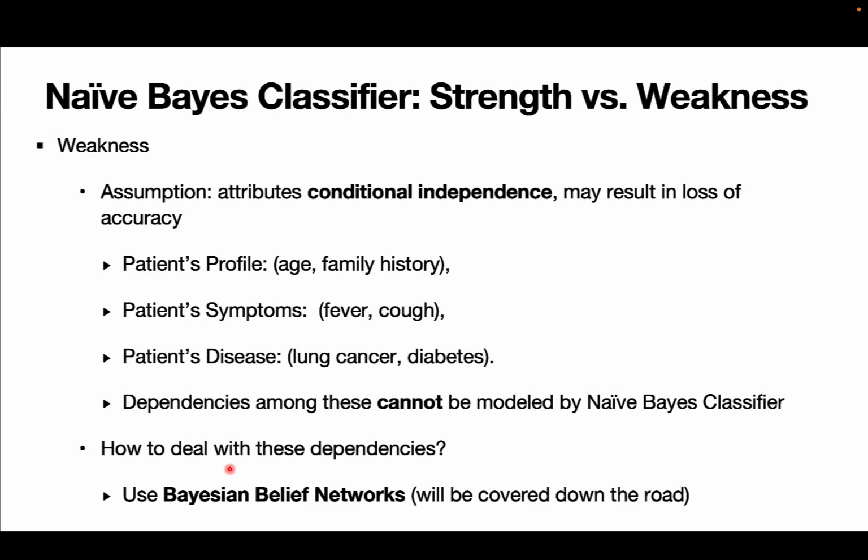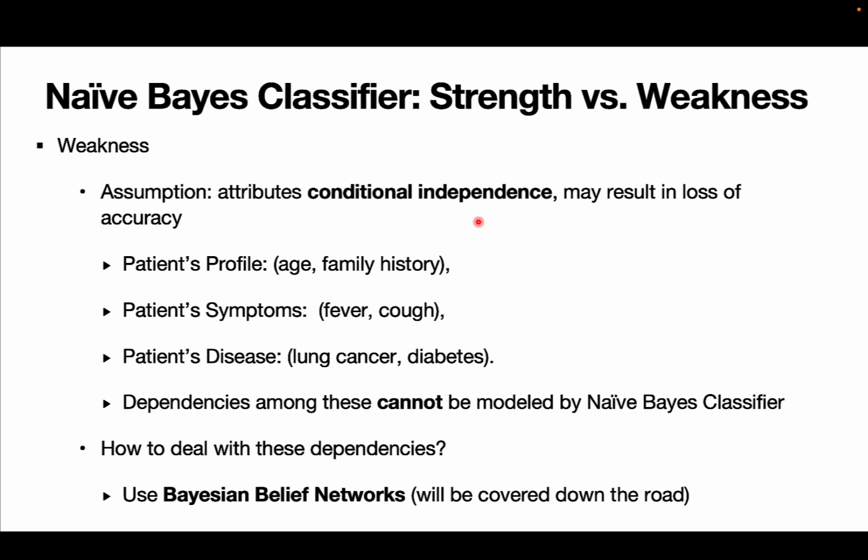On the weaknesses side of the naive Bayes classifier is its assumption that all the features are conditionally independent given the class label. This assumption doesn't hold in many real-world scenarios.